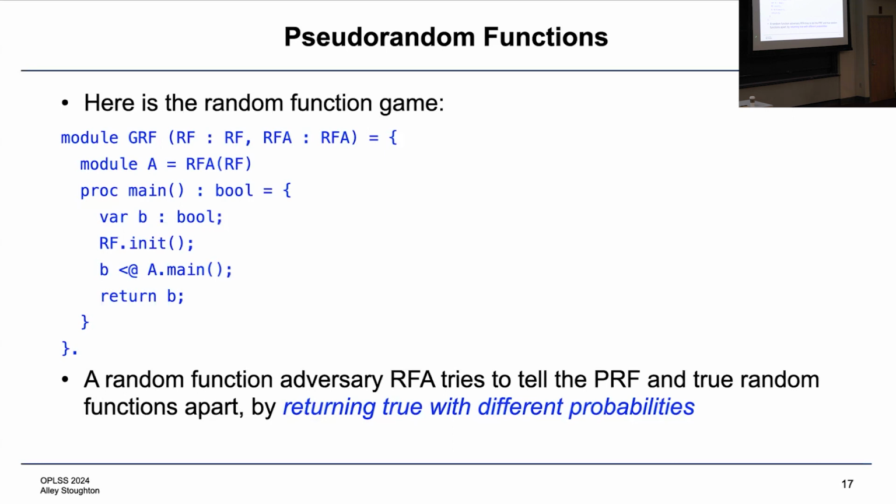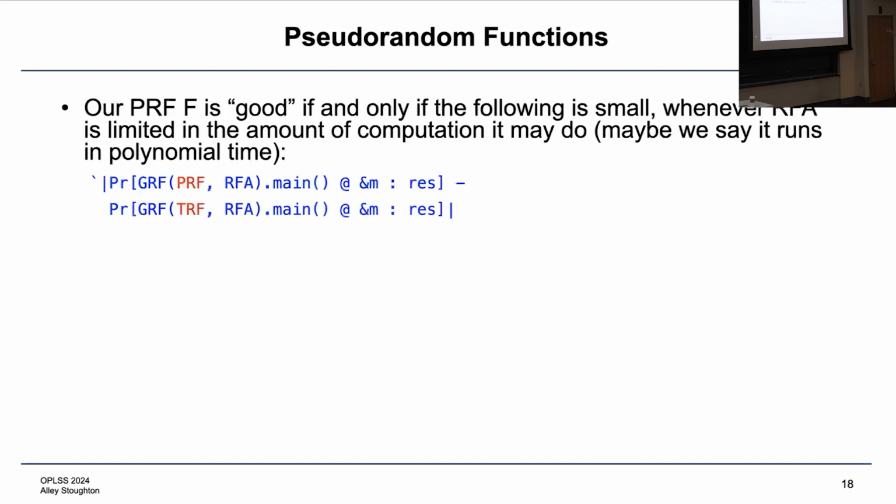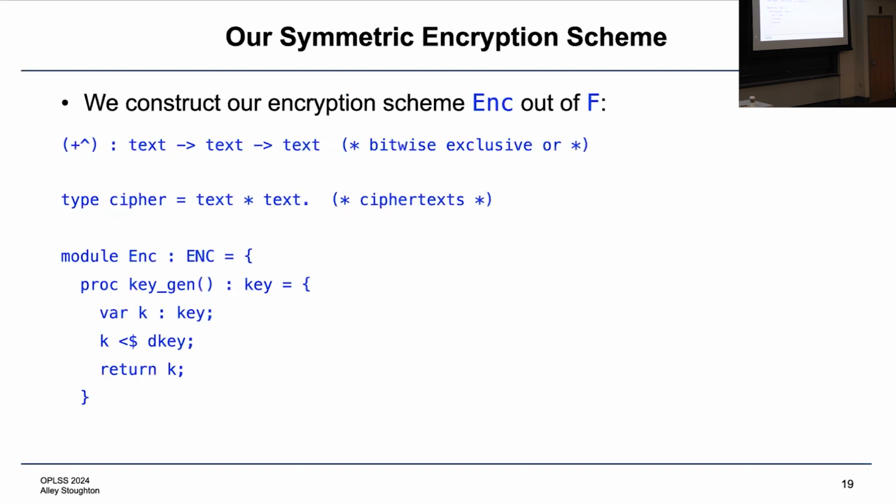That would be perfect, but of course it's not generally going to be able to do that. And in fact, to say that a PRF is good, we want the absolute value of the difference between the probabilities that the random function game returns true, so the random function adversary returns true, to be small. But is this quantity small? Well, it depends upon a bunch of things.